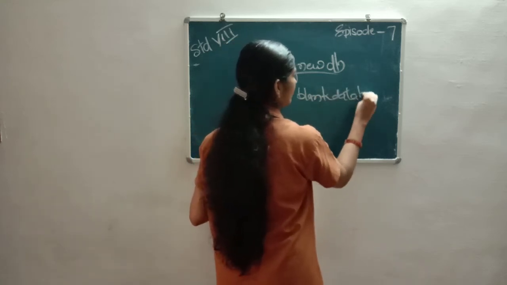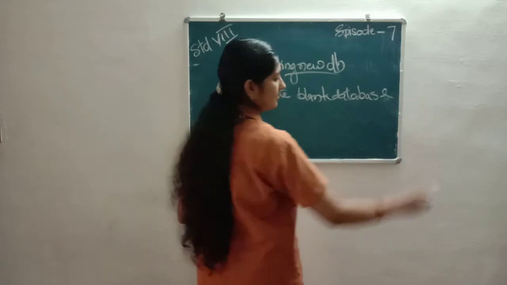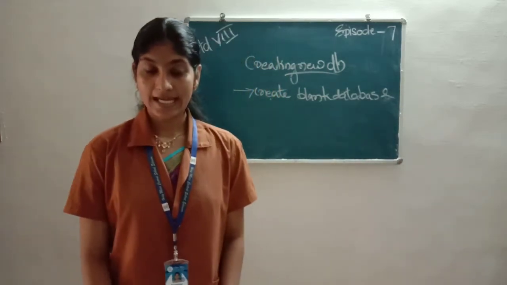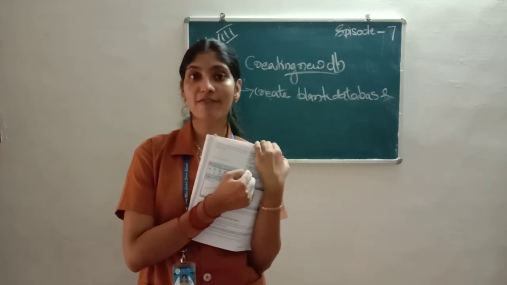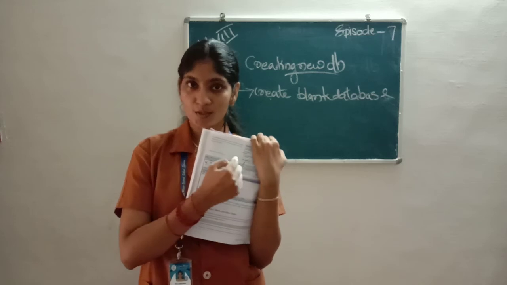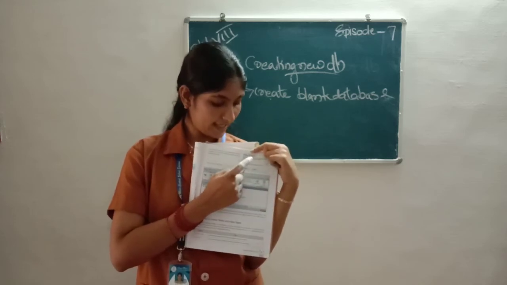Then after that, there is a form. You can enter the name you want for that database. For example, if I want to create a database of students in a class, write student, that's the name of the table.